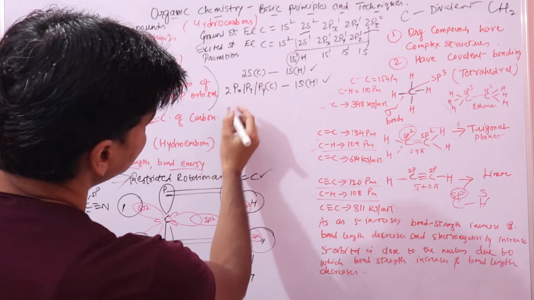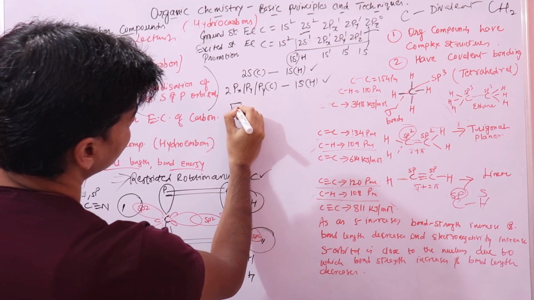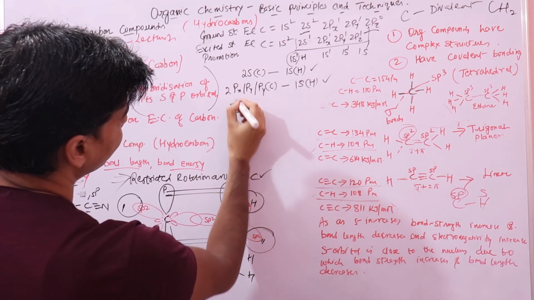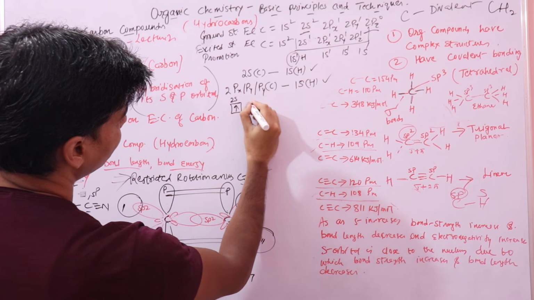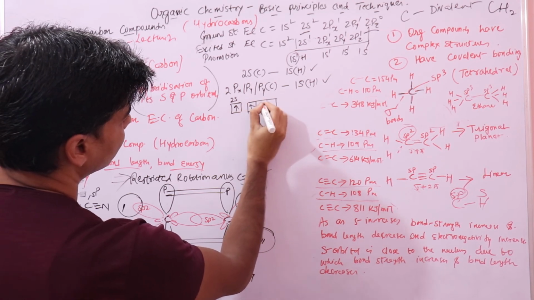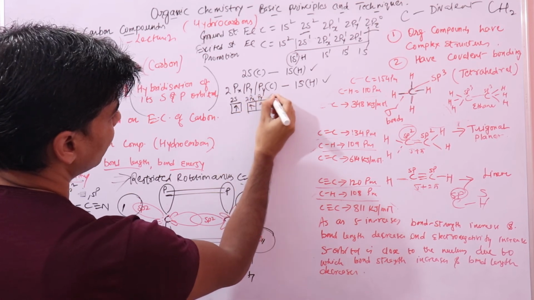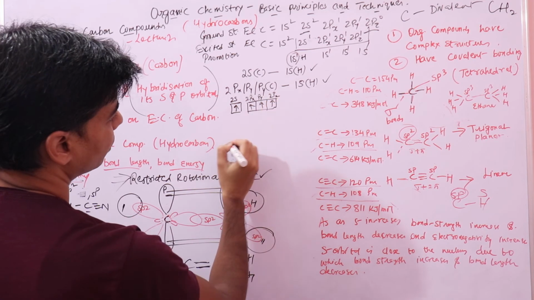So what will happen is, this is your 2s orbital, and this is your 2px, 2py and 2pz orbital, right?